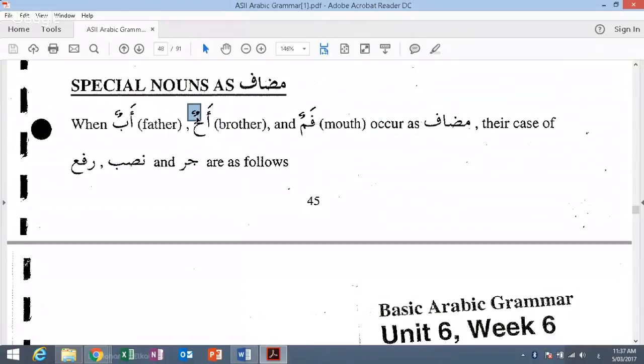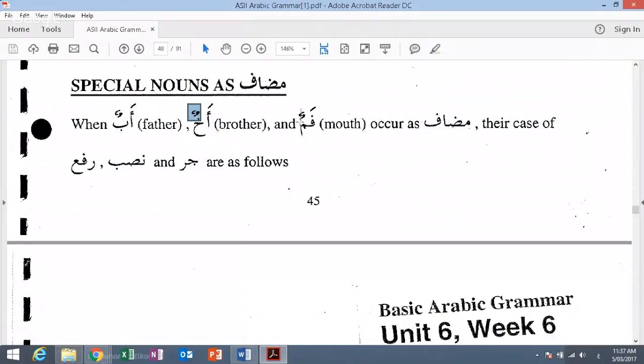And then because this is a Rafi case, what are you going to do? Put the waw there. Akhu Khalid, Akhu Hamid, Akhu Abid, Akhu Fatima, Akhu Aisha, Akhu Zainab. You understand? So this is Rafi case.